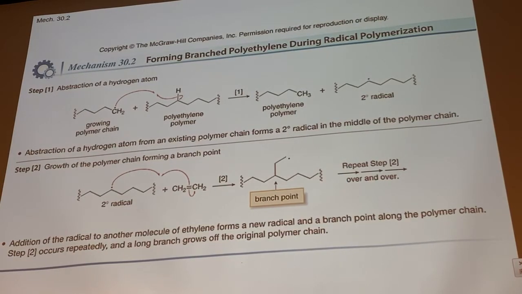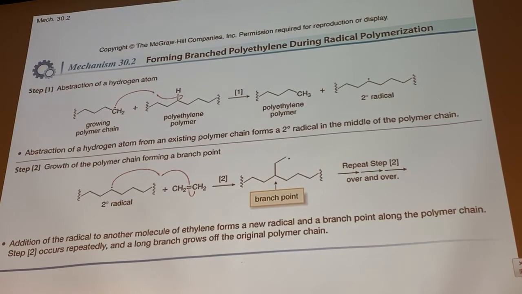It's not a controlled process. So you're going to have branches coming off at random sites. But because the chains are so long, the differences in those sites really don't impact the bulk properties of the substance. Okay? So after seeing this mechanism, you should recognize that branching is an inevitable consequence of making polyethylene via radical polymerization.